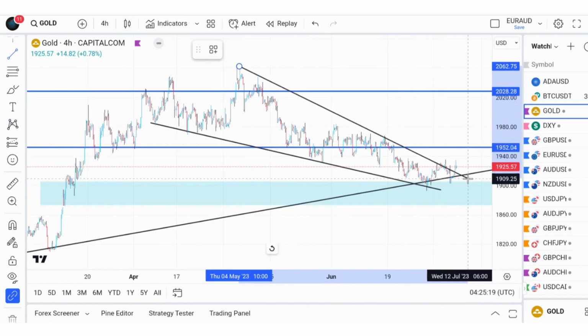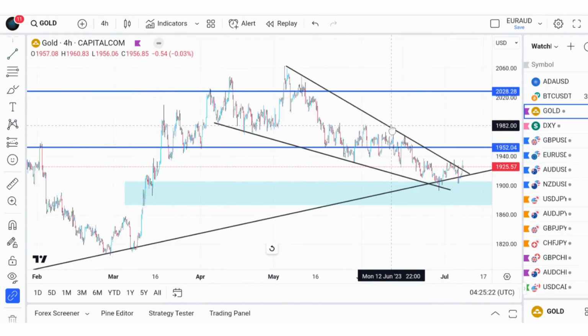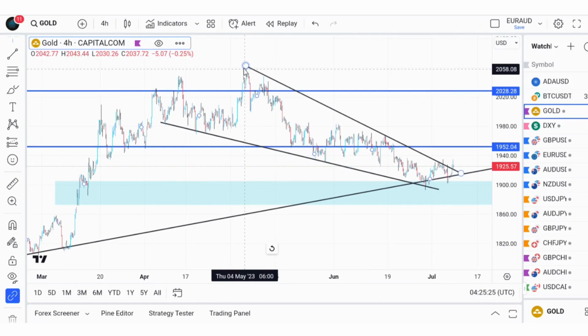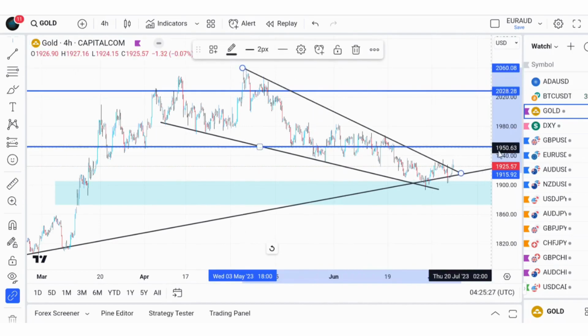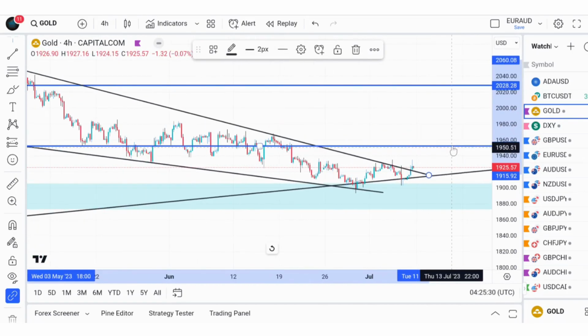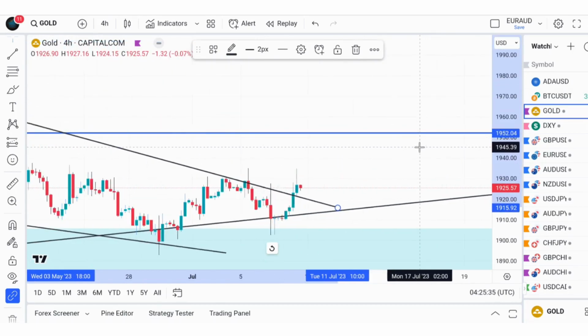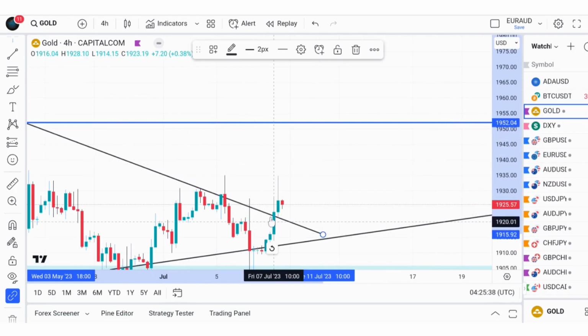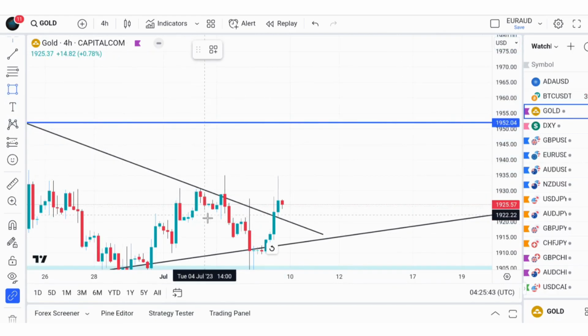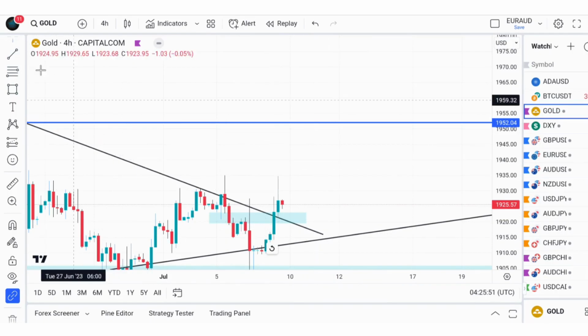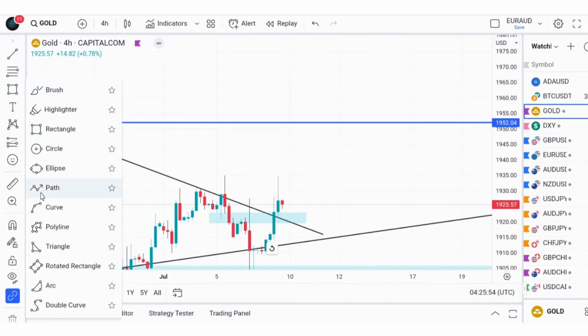As you can see, this particular chart pattern right here looks like it has broken to the upside. Let's zoom further. As you can see, this looks like it has been broken to the upside, and if you take this level very well, we may sense a break right there, which means that gold is setting up for a move to the upside at this particular level.